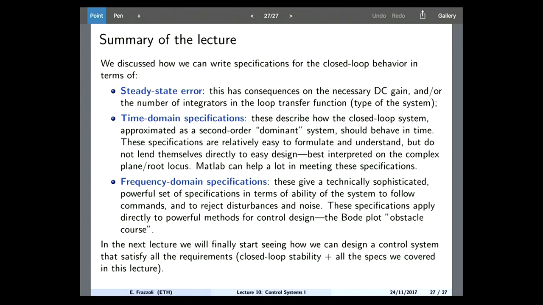The problem is that there is no easy way of translating them directly into design principles. The best way to meet the specification is looking at the root locus, making sure that the branches are in that good region of the complex plane that you like, and then trial and error. Move those things on the root locus a little bit, look at the step response on MATLAB.